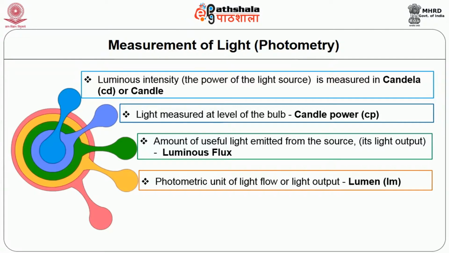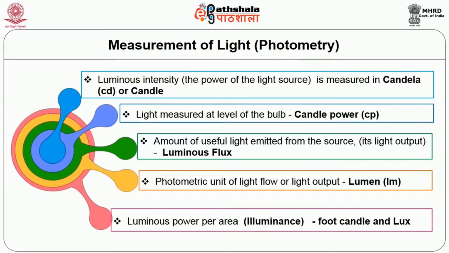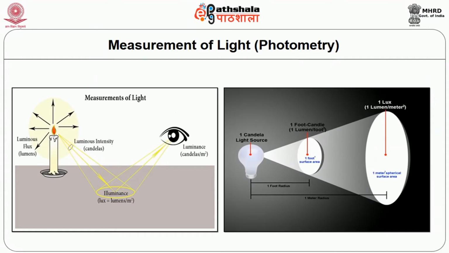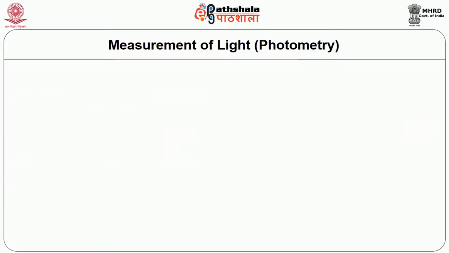Photometric unit of light flow or light output is lumen. Luminous power per area or illuminance is foot candle and lux. Look at the images. You will understand how each factor differs from the other and why we have so many terms and explanations. These leave us with some points to ponder.